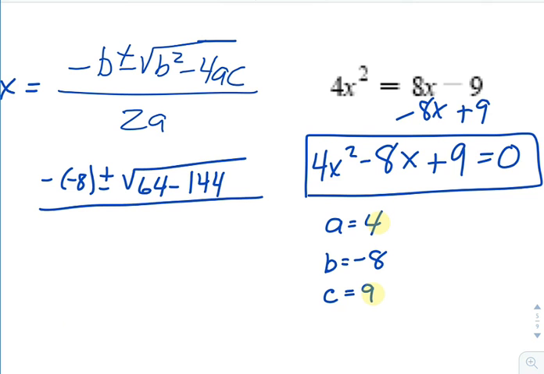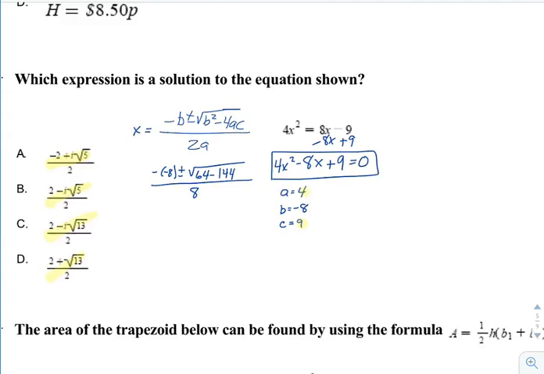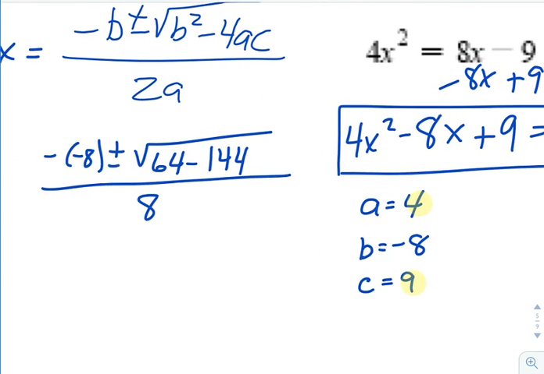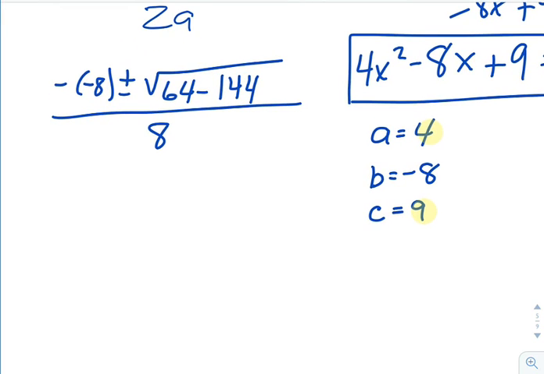All right, and 2 times a is 8. So let's simplify this a little bit more here. Clearly that's 8 plus or minus the square root of 64 minus 144. That is the square root of negative 80. Whoa.